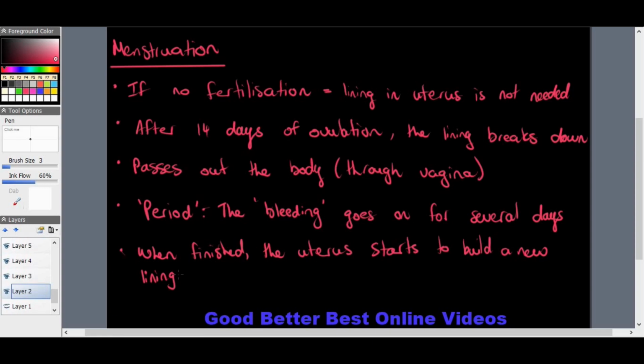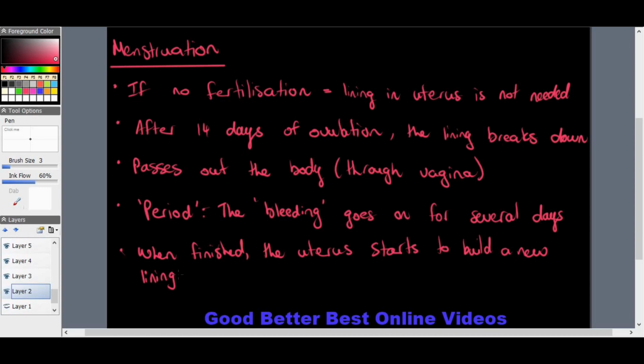So the woman's body is constantly preparing for fertilization or for a fertilized egg to arrive in the uterus. It's almost like it can't sleep on this process. It has to rebuild itself, just in case a fertilized egg does arrive, so that it is prepared.